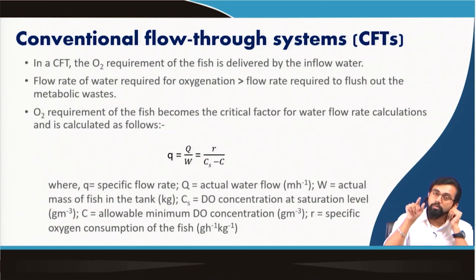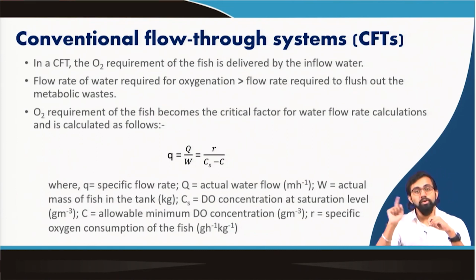W is the actual mass of fish in the tank, in kg. So the unit for Q, the specific flow rate, is meter per kg per hour, isn't it? So Q by W is equal to the DO concentration at the saturation level, in gram per meter cube, which is CS. What is the DO concentration at saturation level? You need to remember this data. This is very important.